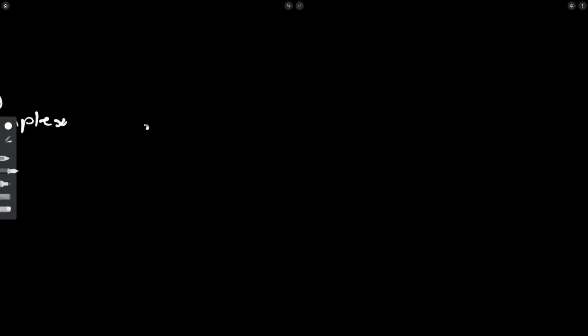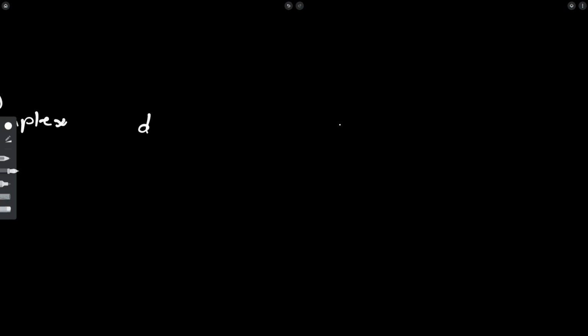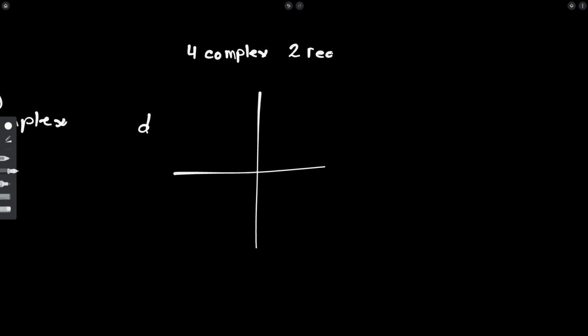Moving on to part D, we have 4 complex and 2 real.